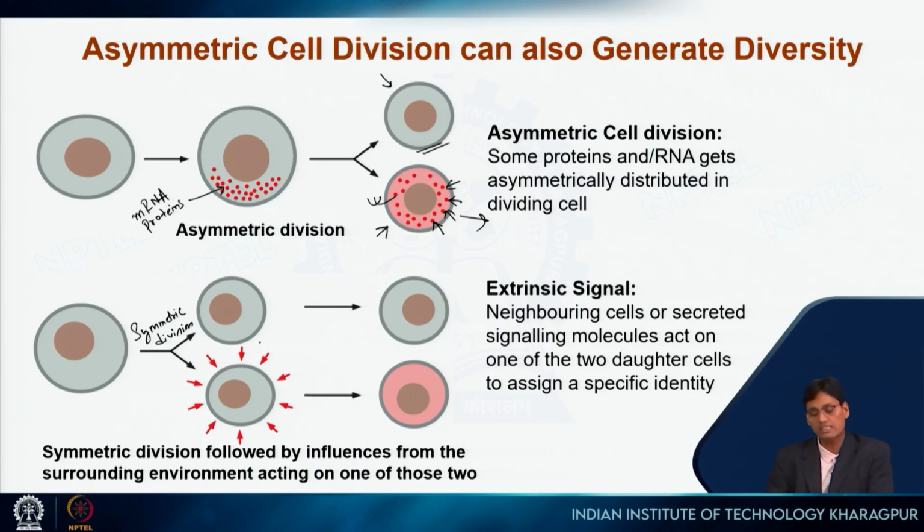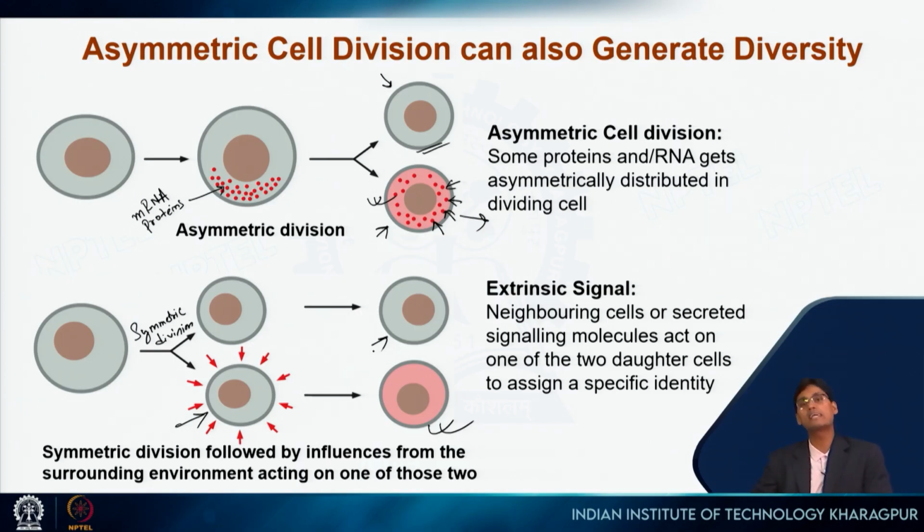The two cells are the same, but after division, this cell at the bottom, I am showing here, is getting some extrinsic signal from the surroundings. As a result, it will give rise to a different type of cell compared to the top cell here. So this is another way that two cells are getting different.